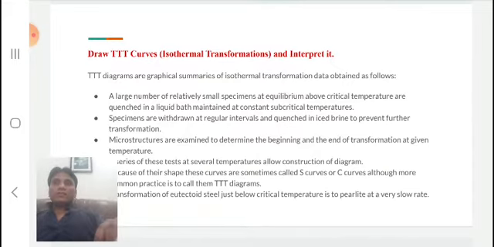How they are constructed: a large number of relatively small specimens at equilibrium above critical temperature are quenched in a liquid bath maintained at constant subcritical temperatures.